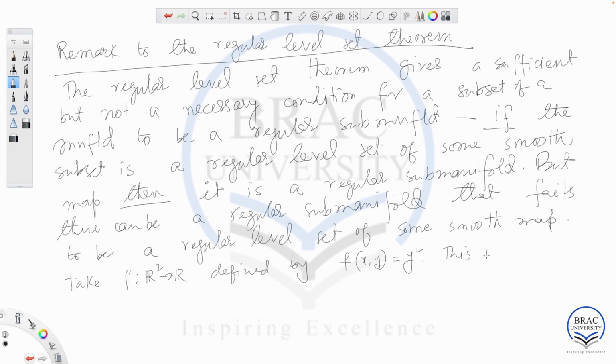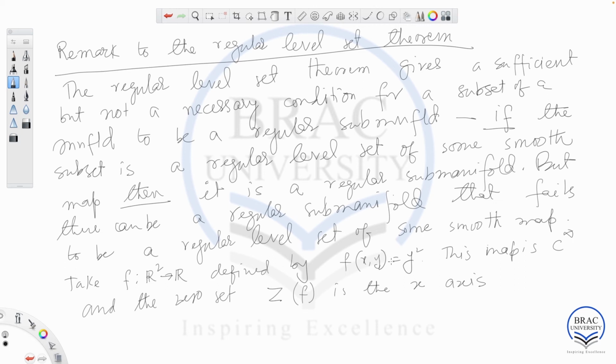This map is evidently C infinity, and the zero set Z of f is the x-axis, right? f of x comma 0 is equal to 0.